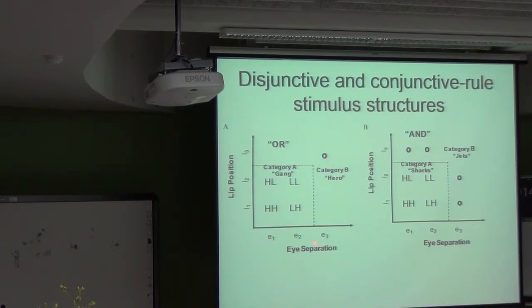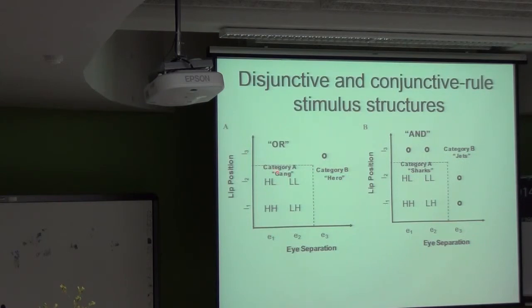You can use this value on the eye separation as a criterion for decision making. It says, oh, look, I see the face, and the eye separation has value E3, and that's from the right-hand side of the decision criteria, that must be hero. So you don't have to pay attention to ellipse position at all.